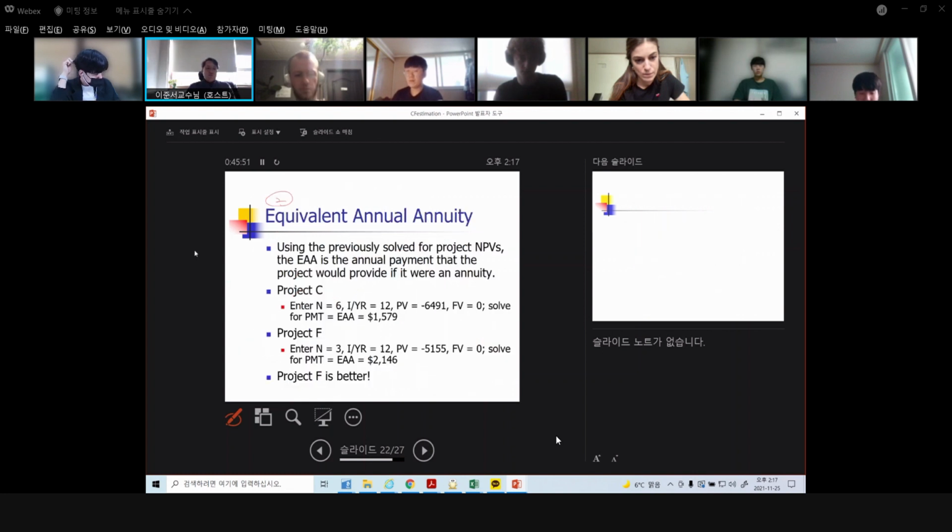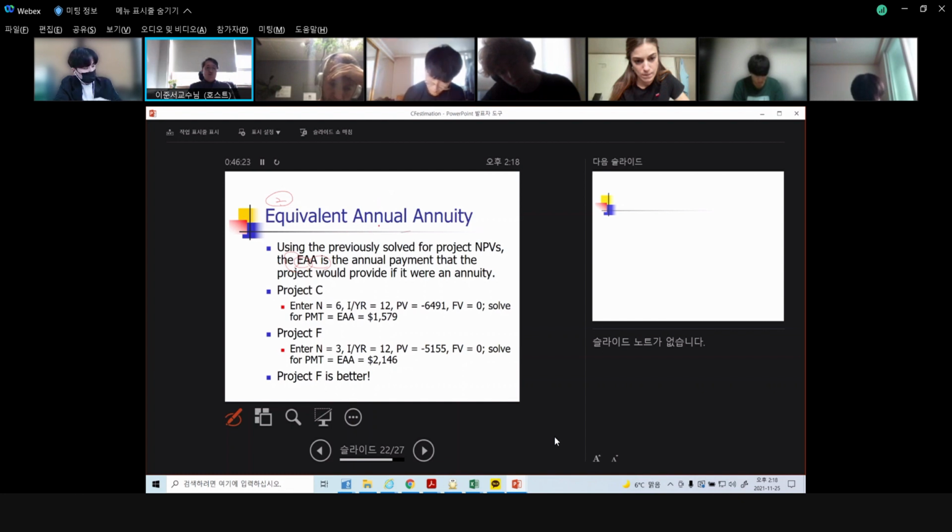Or we may use equivalent annual annuity, the second method, to make the lives equal. So EAA, equivalent annual annuity. Let's take a look at the basic concept first. Using the previously solved project net present values, the EAA, equivalent annual annuity, is the annual payment that the project would provide if it were an annuity.